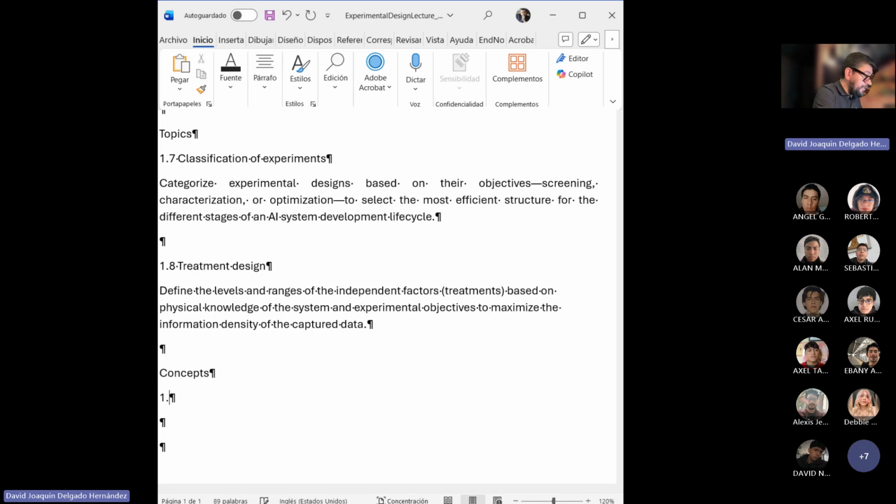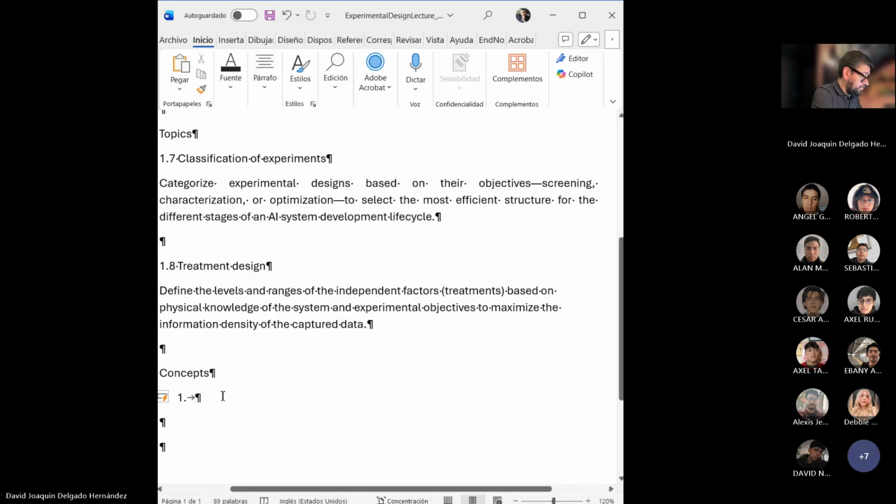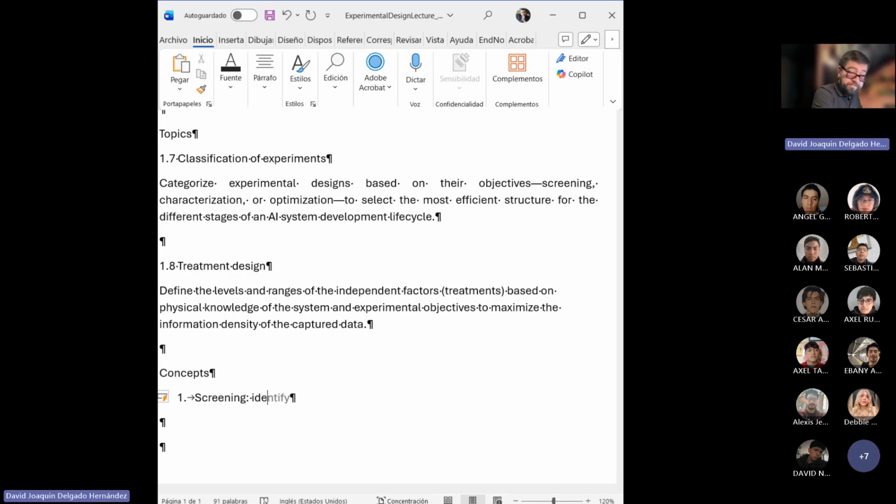So in the first place, we have the screening. So in the screening, we have to identify the important variables. So when I have to design an experiment, the first step is to see what are the important variables.